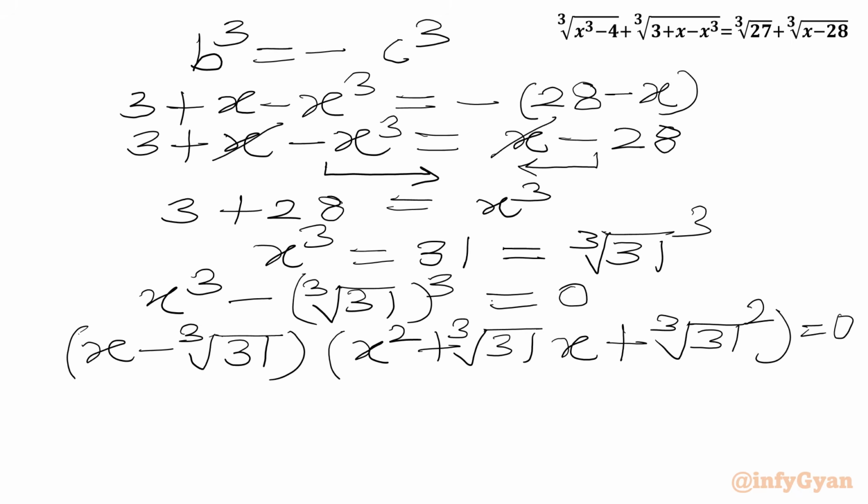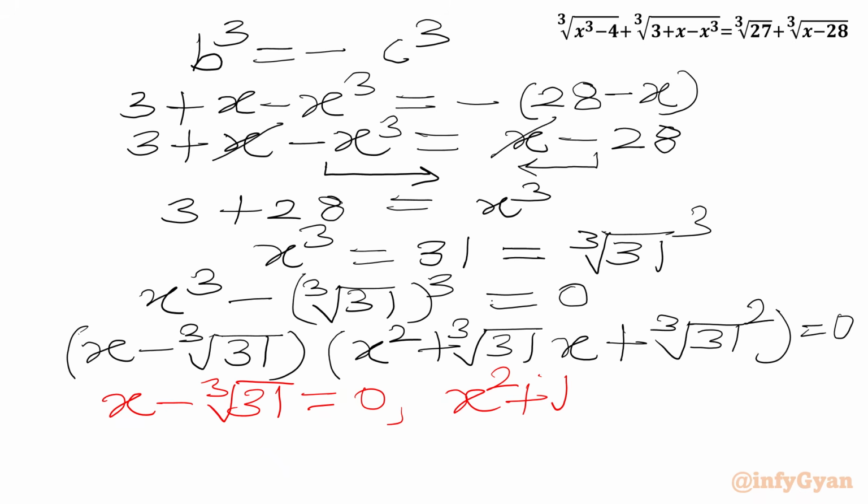Now we'll use product 0 rule. So we can write here two equations. Either x minus cube root of 31 equal to 0, or x square plus cube root of 31 times x plus cube root of 31 whole square. This must be 0.